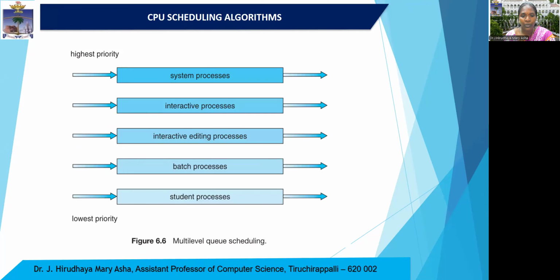Here, the incoming processes are divided as system process, interactive editing process, batch process, and student process. Based on this, the highest or lowest priority may be set for every incoming process.